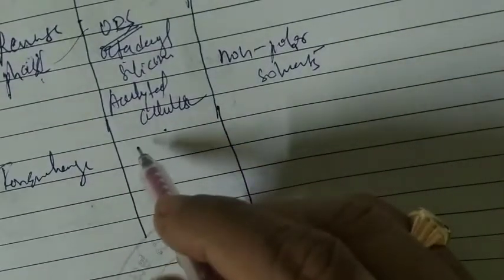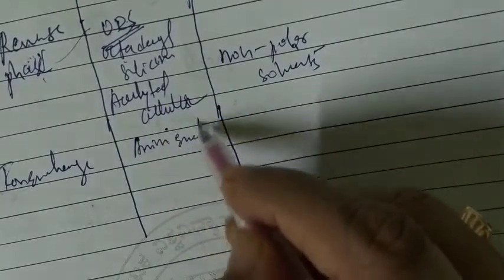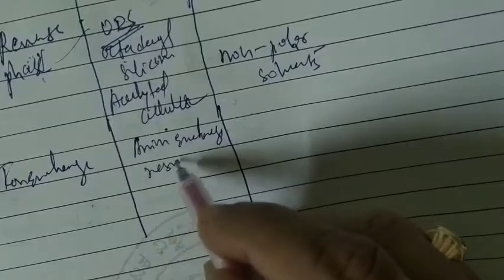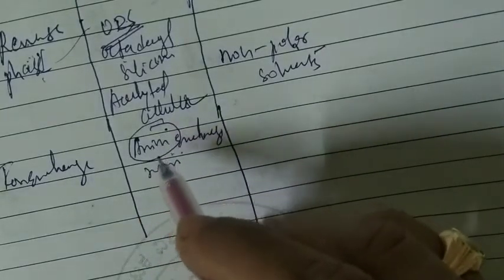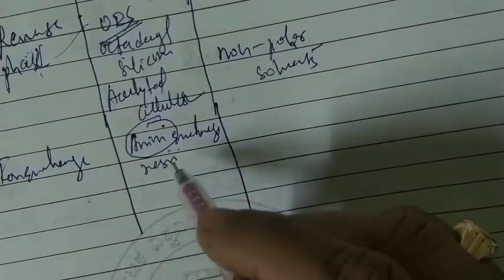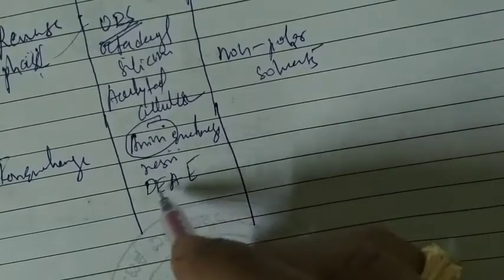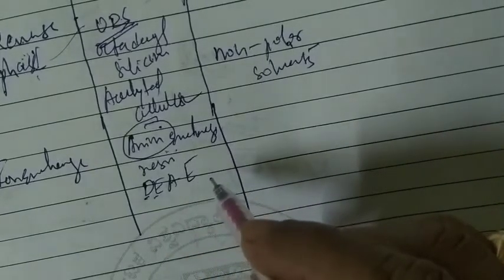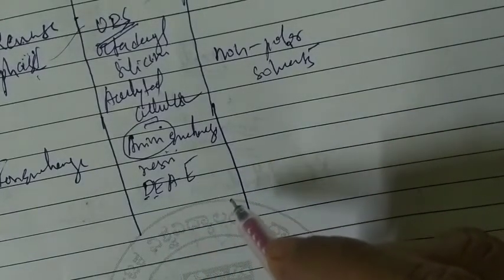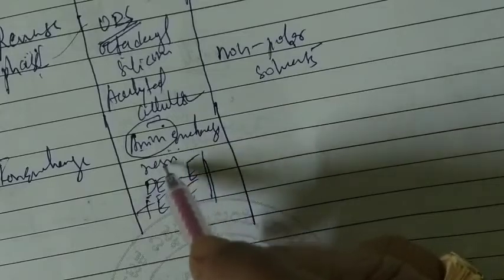In ion exchange, the resin given is an anion exchange resin, which will exchange only the anions, like DEAE, diethylaminoethyl, or triethylaminoethyl. So these act as anion exchange resins.